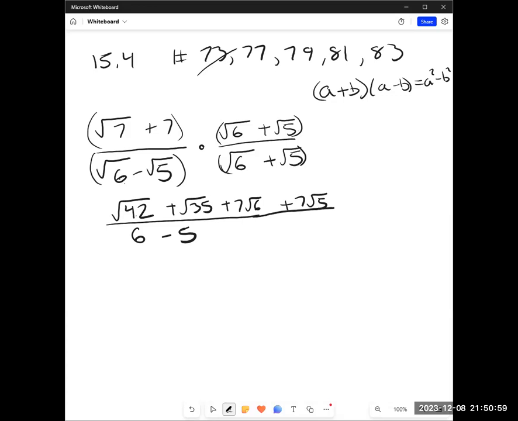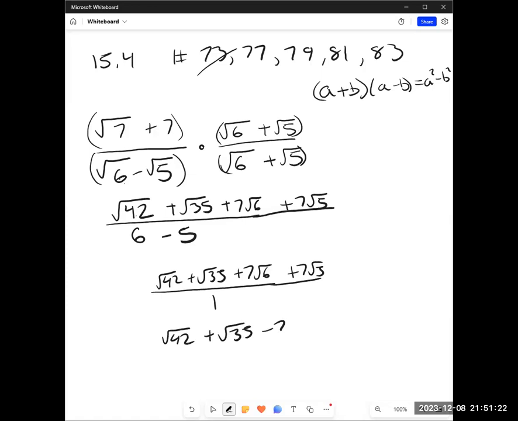There's no perfect squares inside of it. 35 is a 5 and a 7. It doesn't break down anymore. So we're left with root 42 plus root 35 plus 7 root 6 plus 7 root 5, all divided by 1. So this is root 42 plus root 35 plus 7 root 6 plus 7 root 5.